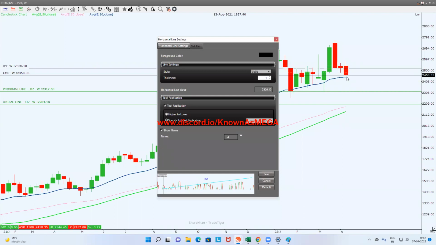See, tomorrow, if by chance the price goes up, then this candle can become a base, right? Good example for you guys. Tomorrow, if the price comes down, it will become an exciting red candle. If tomorrow the price goes up halfway, then this will become a base candle.